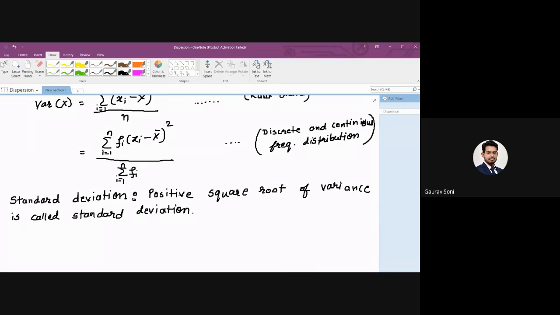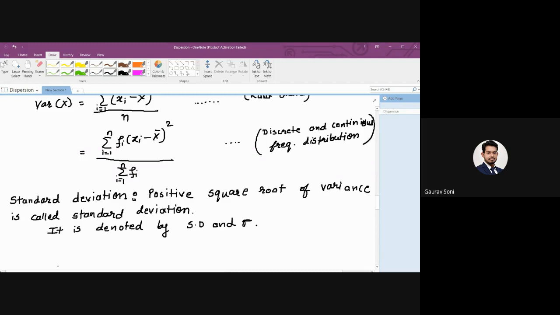So what will it be denoted by? It is denoted by SD and sigma.